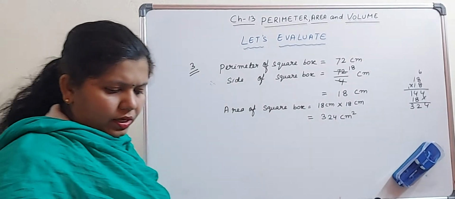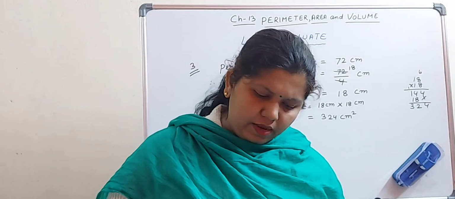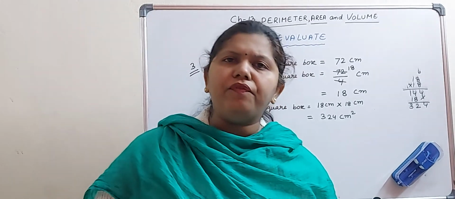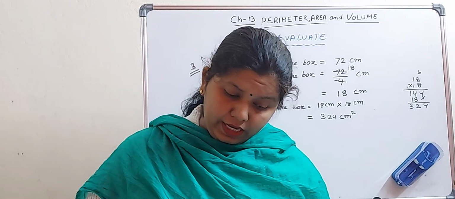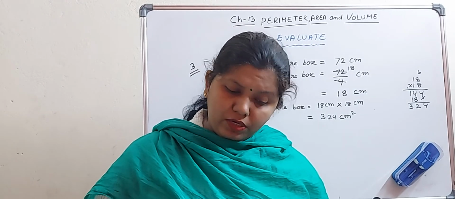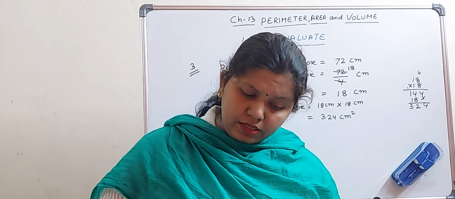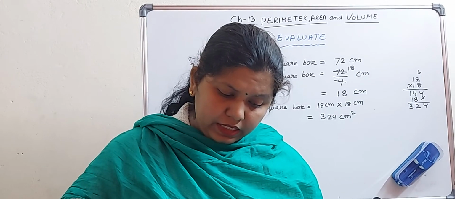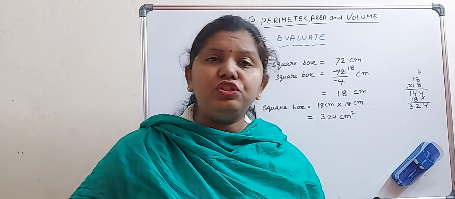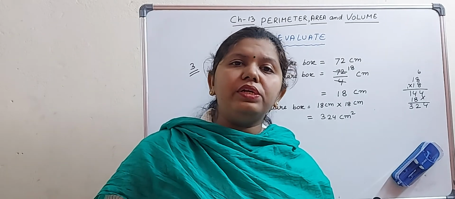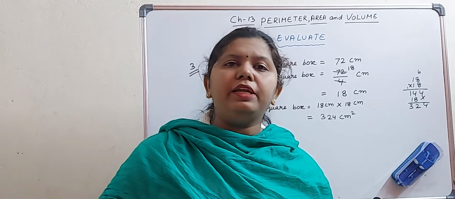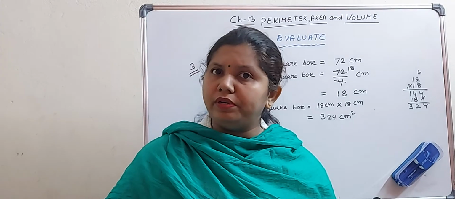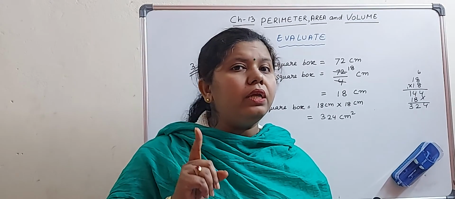Now we move to the next question, that is number 4. Number 4 is you have to find the volume of a cuboidal suitcase whose length is 40 centimeter, breadth is 32 centimeter and height is 2.8 decimeter. See children, here many students will make a mistake. They will simply multiply length into breadth into height, because you know the volume is length into breadth into height. But you are forgetting the units.